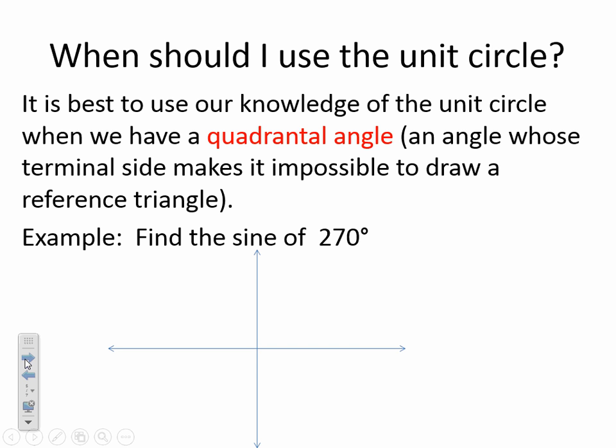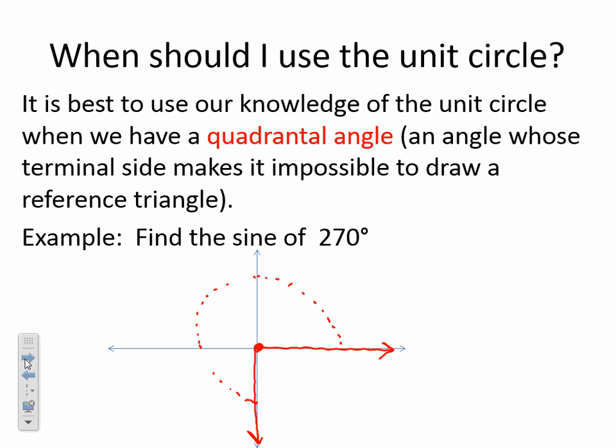So what does this look like? That basically means, let's think about, what if we had the sine of 270? Don't write this part down, okay? But if we had to draw a 270-degree angle, this would be the initial side. We would go 90, 180, 270 would be right here.